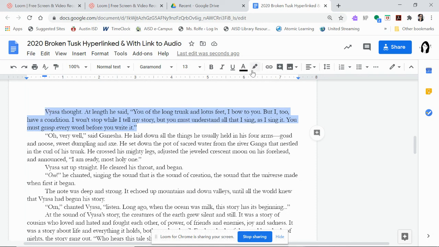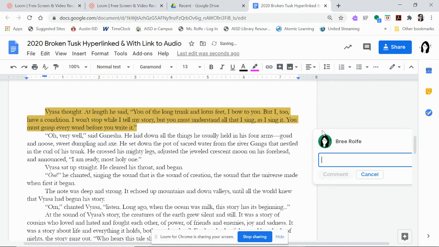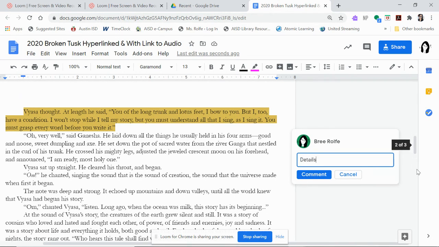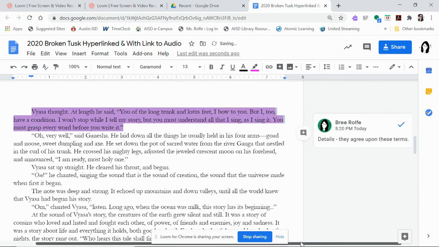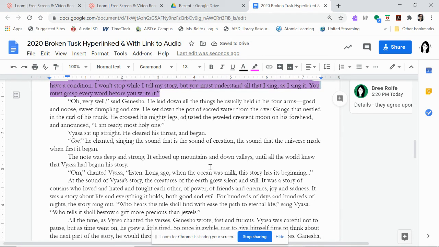So you can highlight that. And you know what? My comments, like what I'm writing, is not great, but you get the idea.